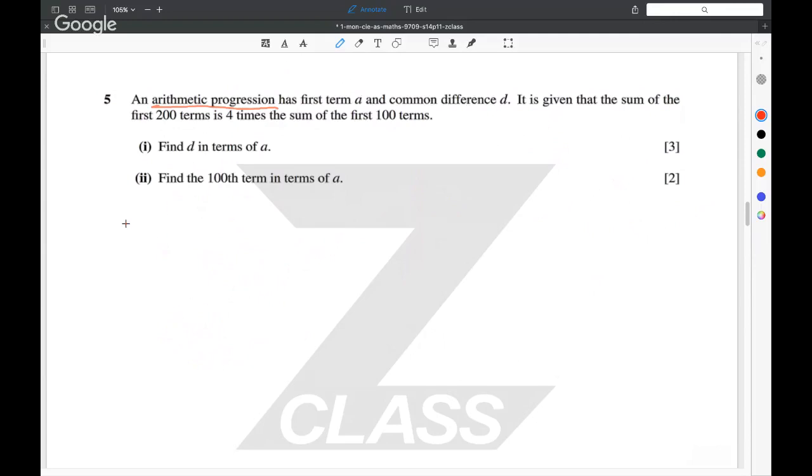So the formula for summing an arithmetic progression is S equals a half times the number of terms in the progression, times the sum of the first term plus the last term.